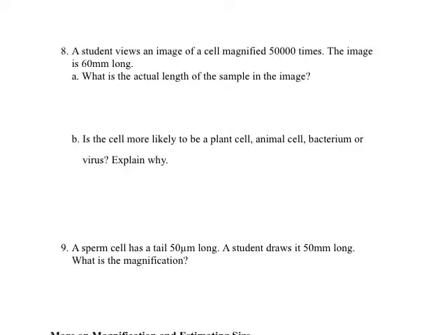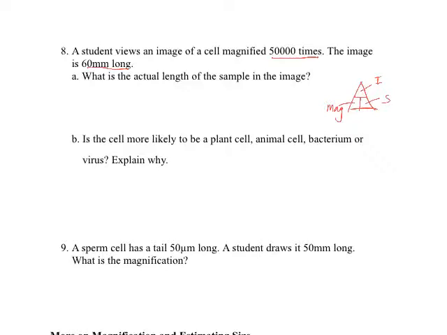Okay, so a student views an image of a cell magnified 5,000 times. The image is 60 millimeters long. Okay, so the image divided by, this is magic triangle, magnification, and then the actual sample length.